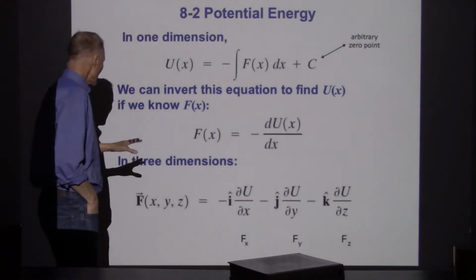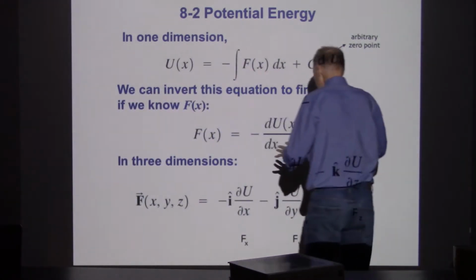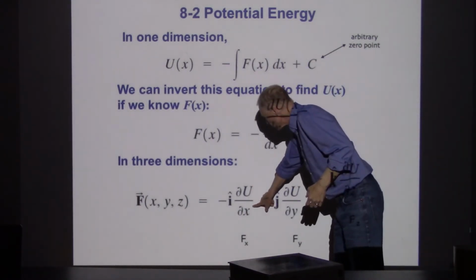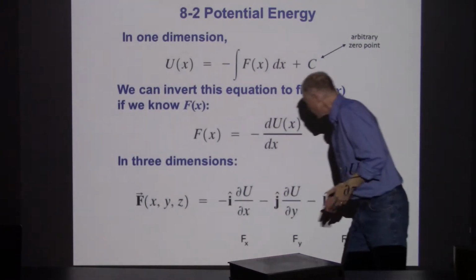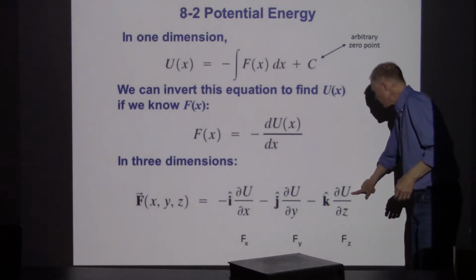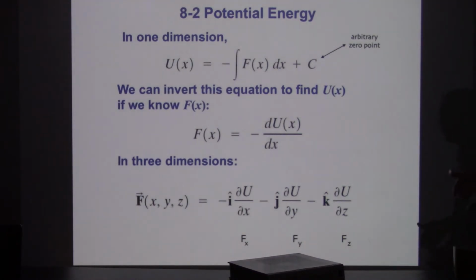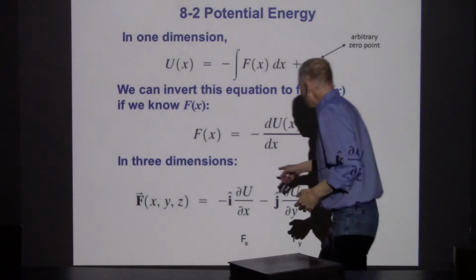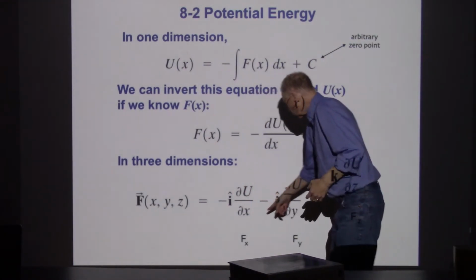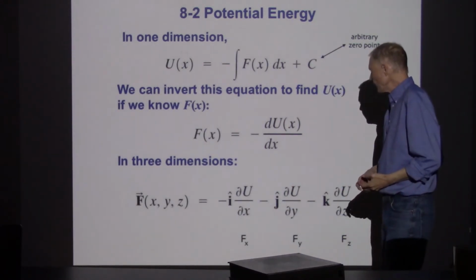Now, in 3 dimensions, what this looks like then is, if I have a region of potential energy, I can take partial derivatives in the x direction, partial derivatives in the y direction, partial derivatives in the z direction, and then assign unit vectors to those. And the partial derivatives will give me the force components fx, fy, and fz.